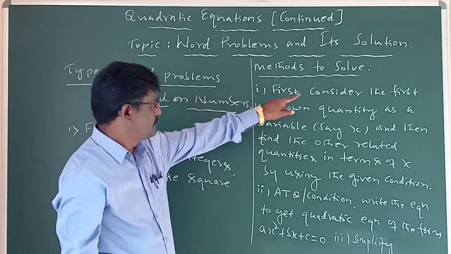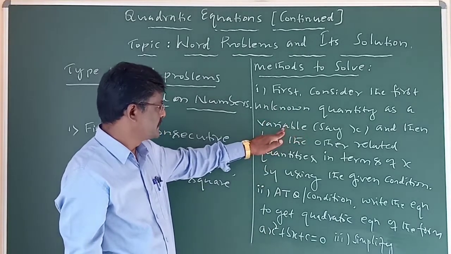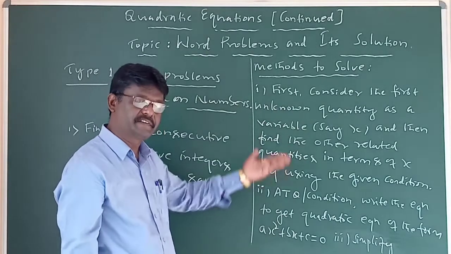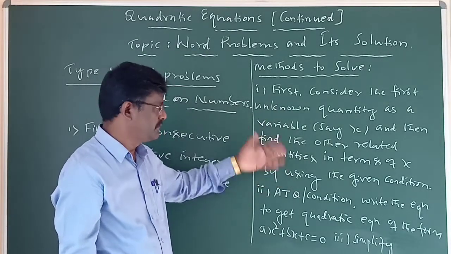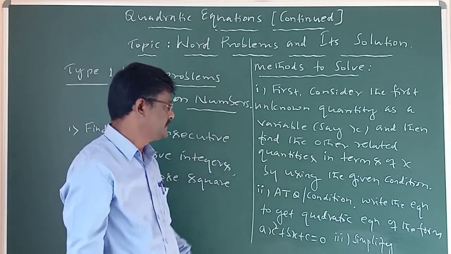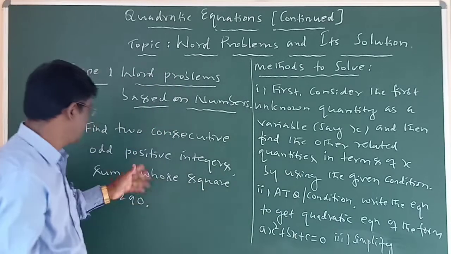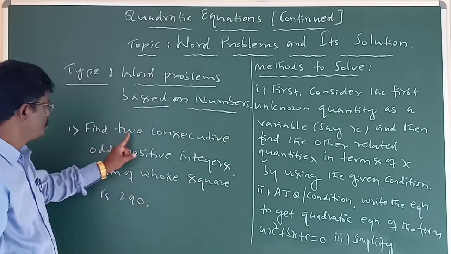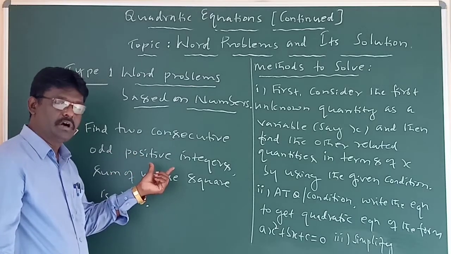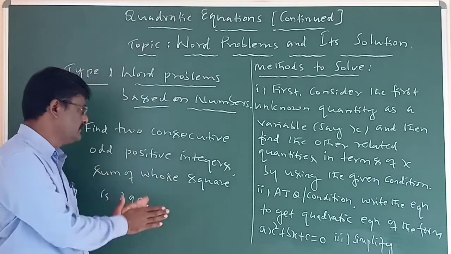First, we have to consider the first unknown quantity as a variable, say x. We can say x or y, whatever it may be. And then find other related quantities in terms of x by using the given condition. In this problem, the two unknown quantities are two consecutive odd positive integers.